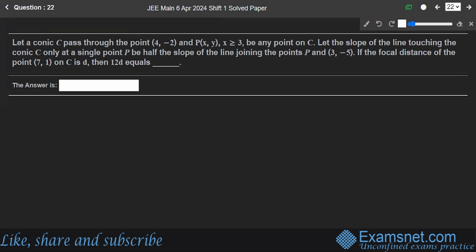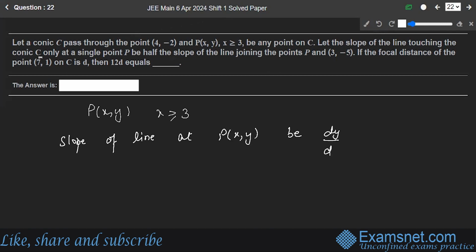Okay. So basically, we are starting the question with these 2 points, right? And let's assume, not let's assume, we are having this point P as xy, where x is greater than equal to 3. And you are given let the slope of the line touching C, the conic section at P be half the slope of the line joining these 2 points, right? So that means slope of line at this point will be given by dy by dx.